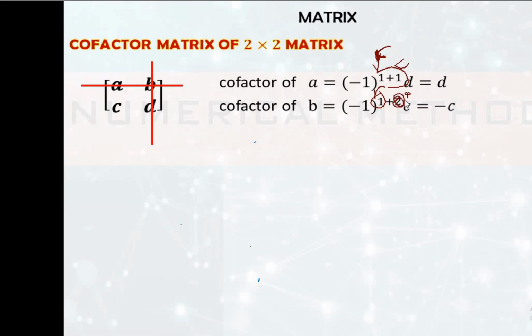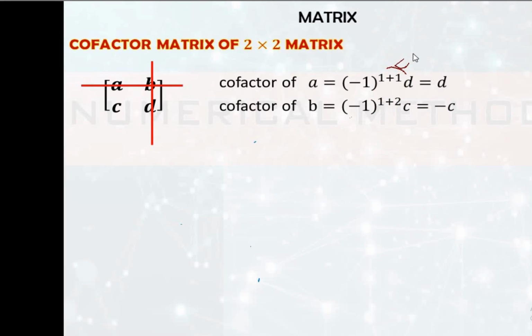Second number here, that indicates your column index. Ang ating element B ay nasa row 1 and column 2. Since si C lang hindi natakpan ng ating pivot, sulat ko lang siya. Negative 1 raised to 3 is negative 1 multiplied by C is equal to negative C.